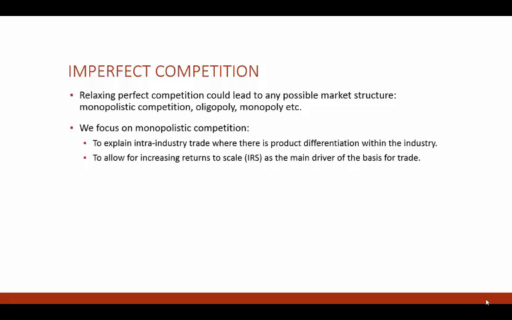In the IRS model, imperfect competition is captured by a monopolistically competitive market structure. This market structure allows more readily for product differentiation within the industry and also for technology to be characterized by increasing returns to scale with scope for economies of scale in the long run.